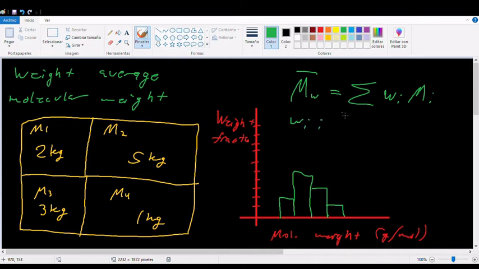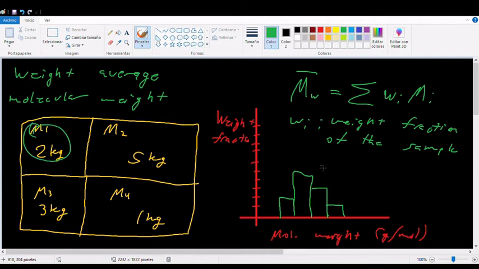Where the w sub i is the weight fraction of the sample, right? Of a particular sample like this one. And m sub i is the mean molecular weight of the sample.